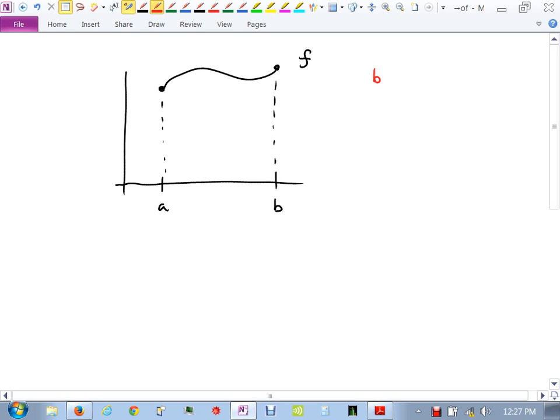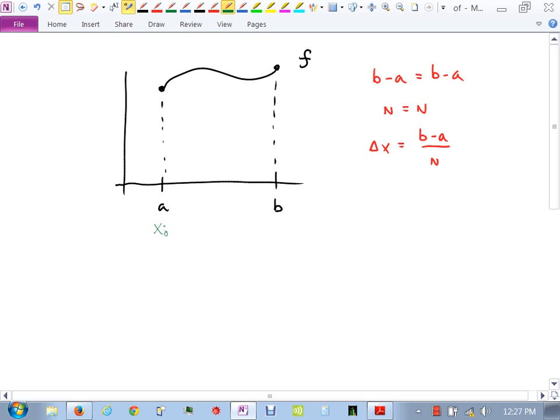What is b minus a? I don't know. How many rectangles do we have? n. What's delta x? We don't know it. It's (b minus a) over n, whatever that is. What we do know, though, is that my first point, a, is my x0.